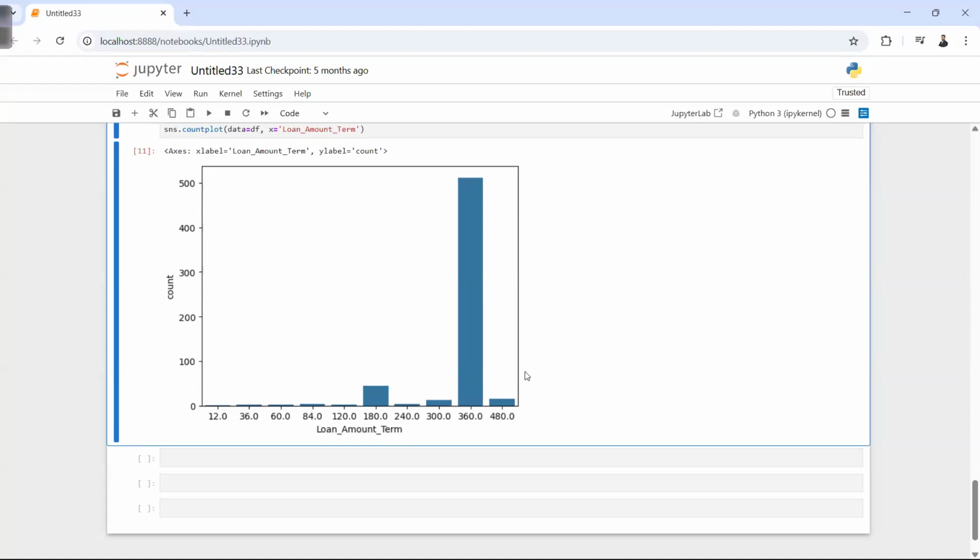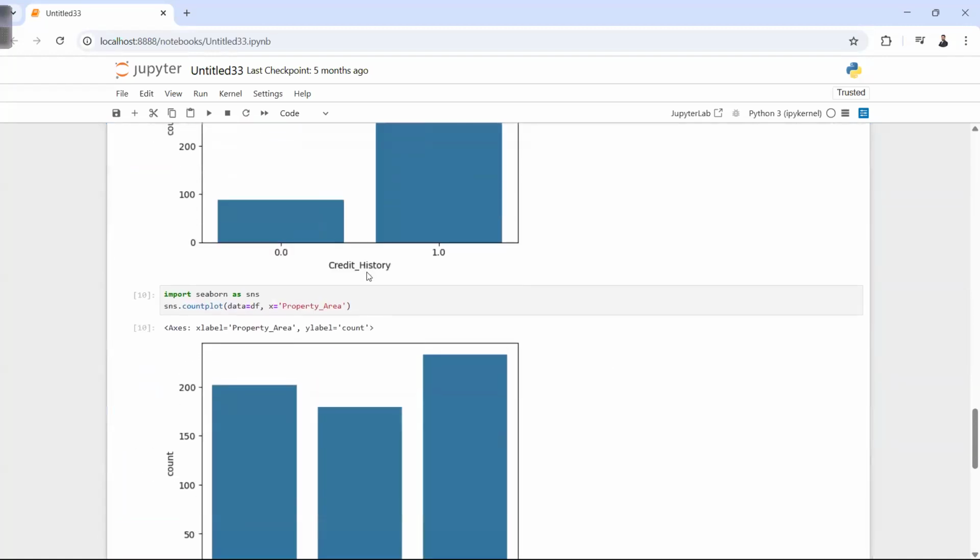So the majority of my customers are looking for 30 years of loan. That means if a new customer comes in and asks for a loan, chances are higher that he may ask for 30 years, that is 360 months. Apart from that, 180 months is the second highest, and the rest are almost negligible.